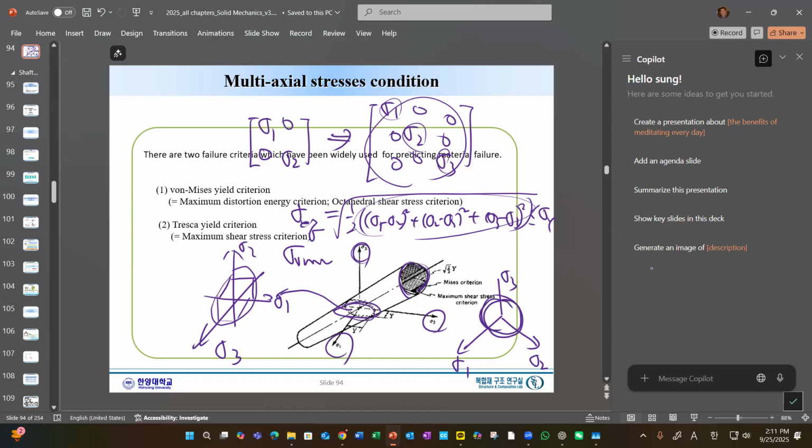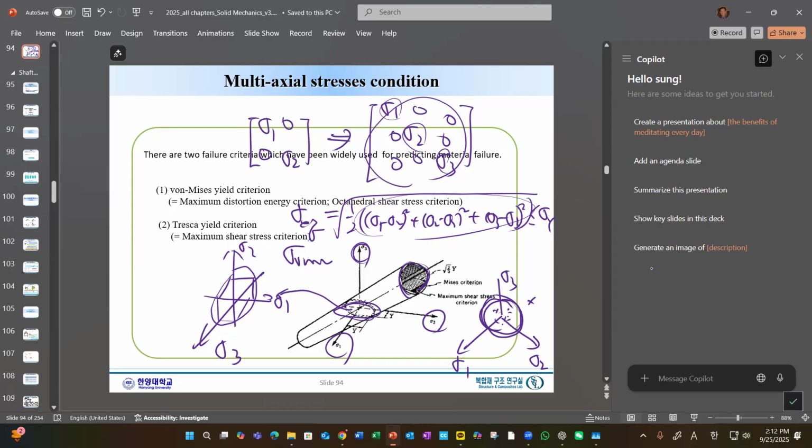When you design the structure so that all the principal stresses are inside, you are safe. But if the stress is outside of this criterion, the material will fail, or it will have a permanent deformation after unloading, which is not what we want.